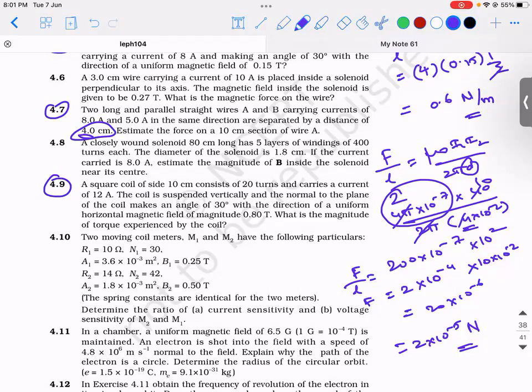What did you write mu naught as? In the denominator you would have written 4 pi, but it's 2 pi into d. So look at 4.9.